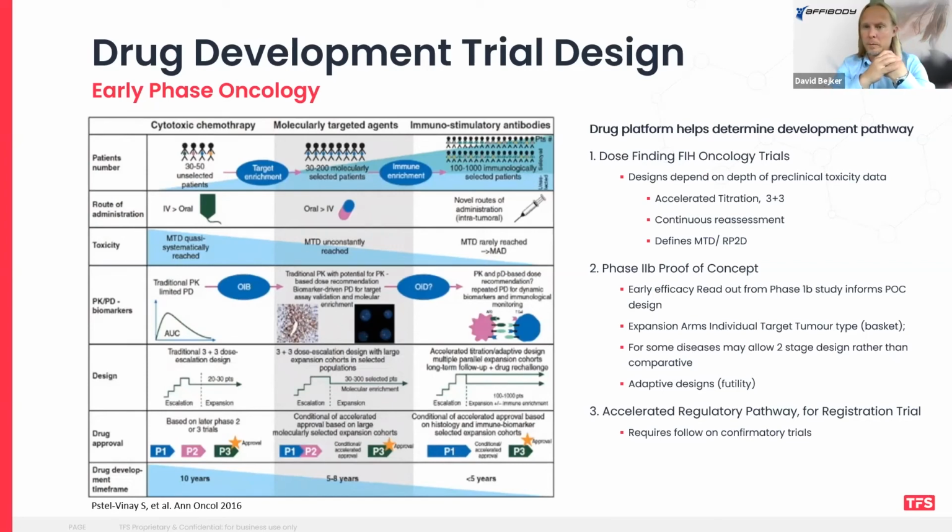It could make sense to run a healthy volunteer trial as your first in man if you have a biomarker of function, or one that's correlated to disease in such a great way that you can rapidly move over to the patient population. But that's actually a lot rarer than you normally hope.